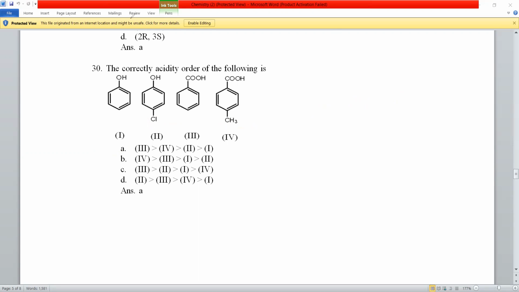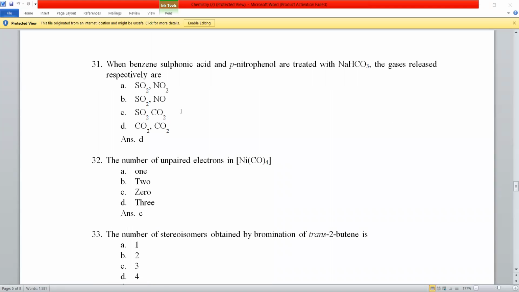Next, question number 31. When benzene sulfonic acid and para-nitrophenol are treated with sodium bicarbonate, what type of gases will be released, respectively? Since we know benzene sulfonic acid is a very strong acid, if you treat it with sodium bicarbonate, it will release the salt SO3 minus Na plus, H2O, and CO2 gas.